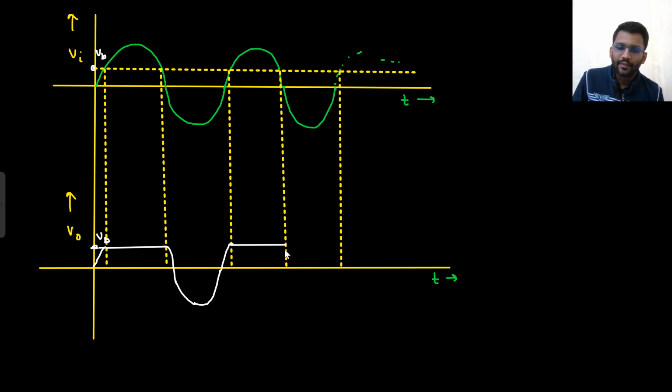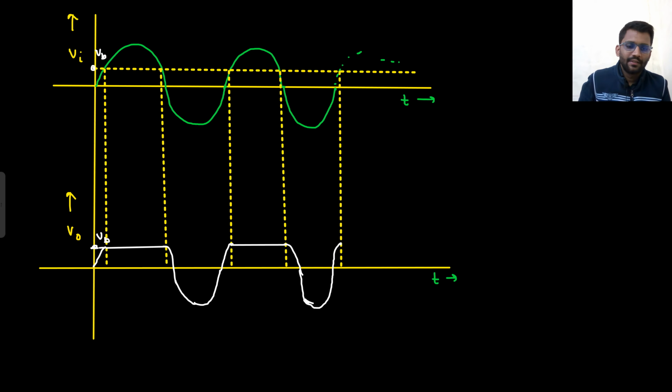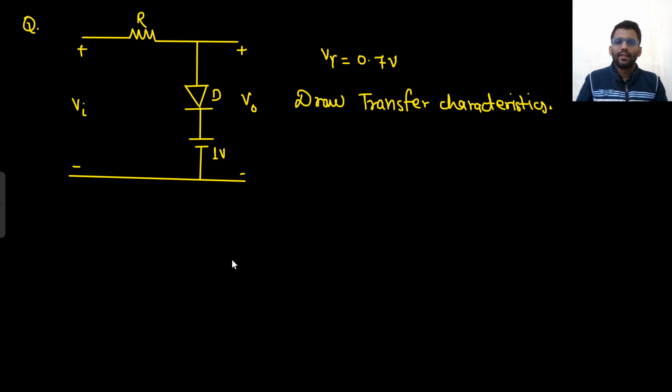Then again it will go down and go like this. Because this was a positive shunt clipper circuit, right? Let's move on to the next circuit.